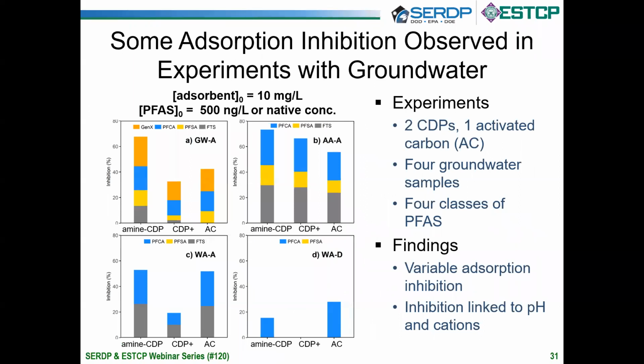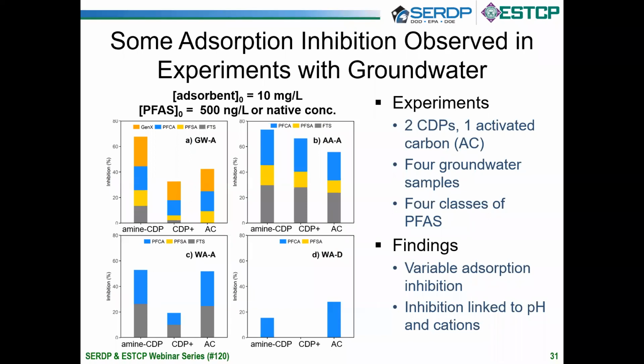We've also done some experiments with groundwater, including spiked groundwater and PFAS-contaminated groundwater. The data in this slide show results from experiments with 1 spiked groundwater sample and 3 native groundwater samples of contaminated groundwater. And we evaluated the removal of PFAS with amine CDP, CDP+, and activated carbon in each groundwater sample and compared the results to the removal of the same PFAS in a clean water matrix.